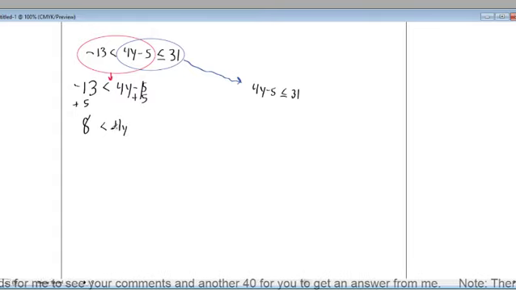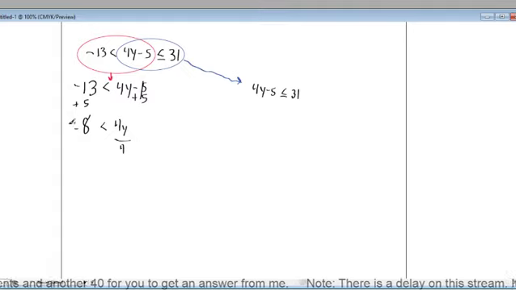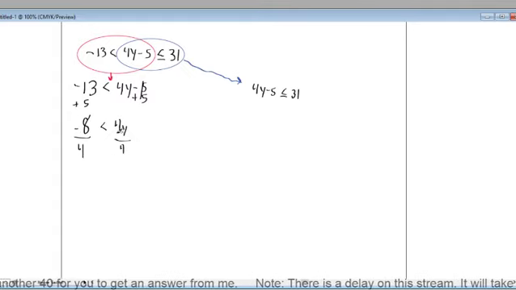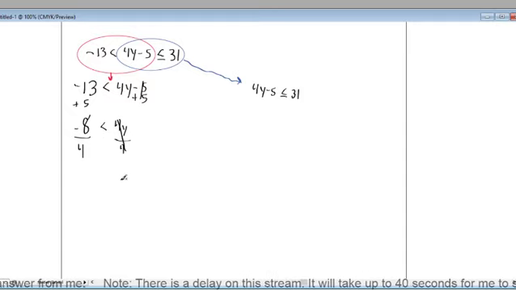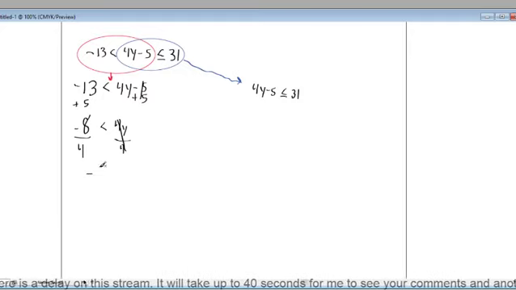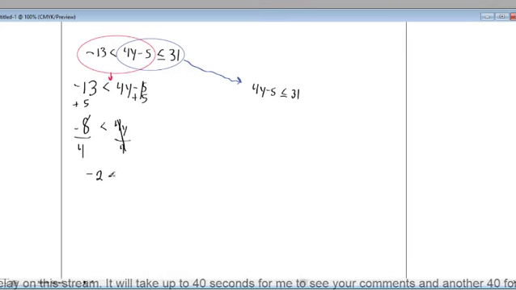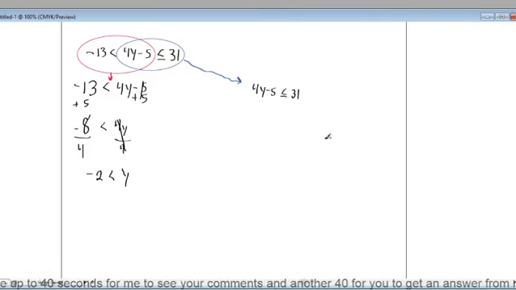Then we need to divide both sides by 4. That cancels there. Because this is a positive number that we divided by, we don't need to worry about flipping that inequality. It's only negatives that we need to worry about when we divide or multiply both sides by negatives. So this is going to be negative 2 is less than y. So there's one of our solutions.